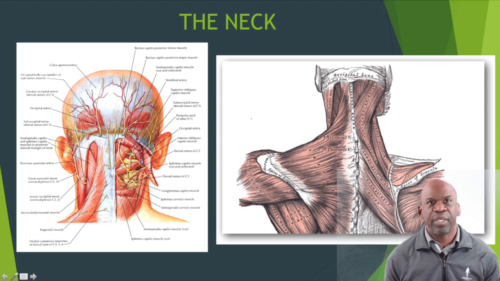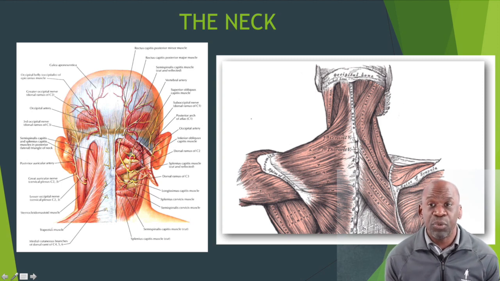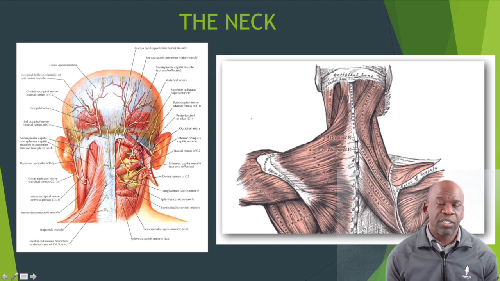But what's really important here is the fact that the nerves and the blood vessels are quite small in comparison to the muscles. The ability to stretch or move the blood vessels and the nerves is quite limited. In other words, they really can't be moved that far or compressed that hard before problems start to occur.